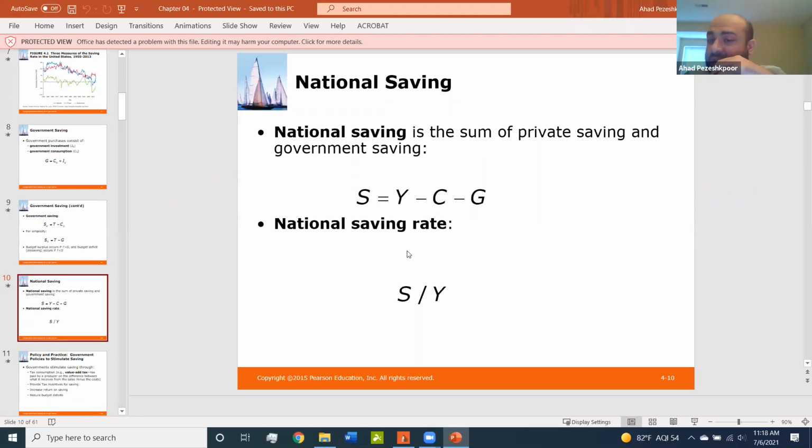Sum of private saving and government saving. Total Y, the total income of the government and the private sector, everybody, which is the total output of the economy, minus C minus G. This would be the total saving of a country.